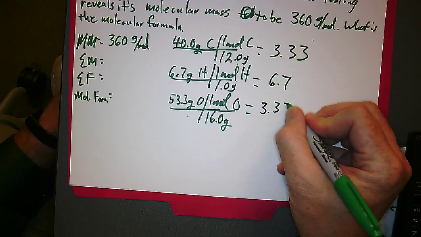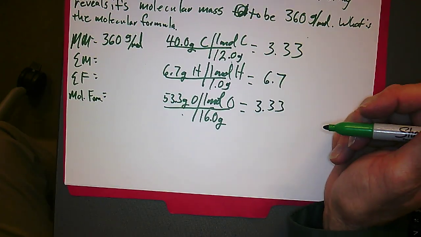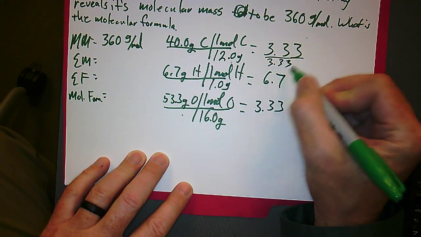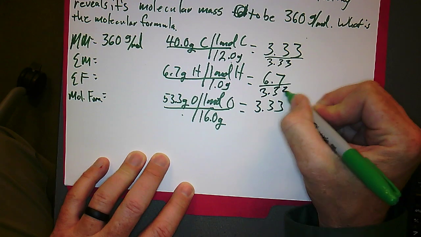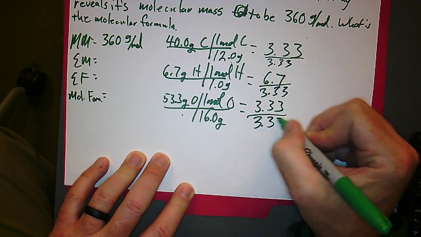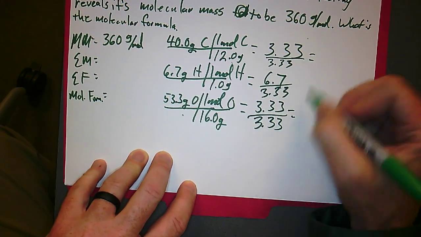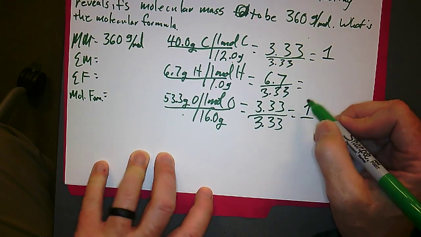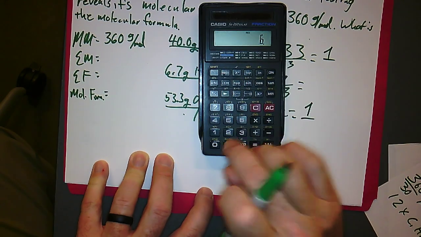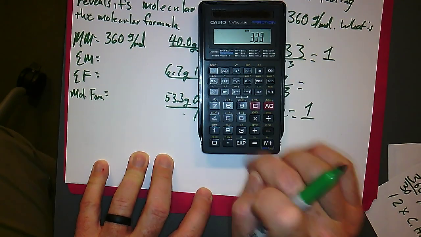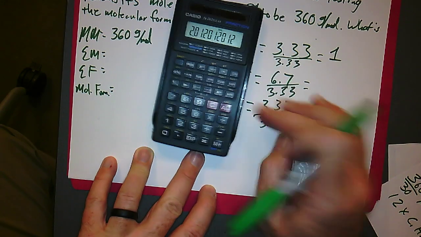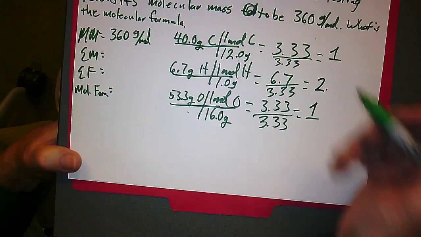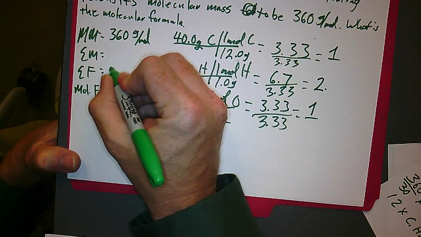What's my smallest number? 3.33, so we divide them all by 3.33. The top and bottom are 1. The middle one is 2; 6.7 divided by 3.33 comes out to 2.01, which is within a hundredth, so we can round it to 2.